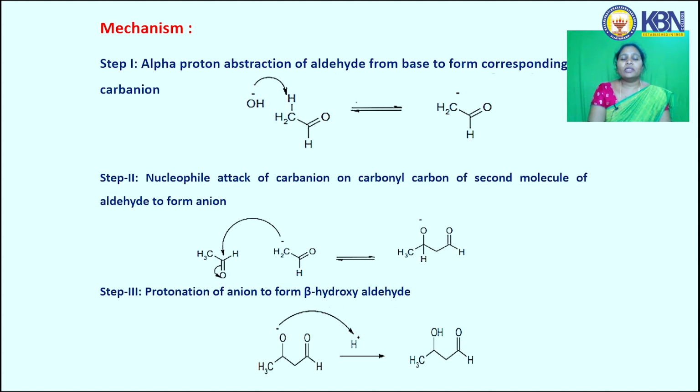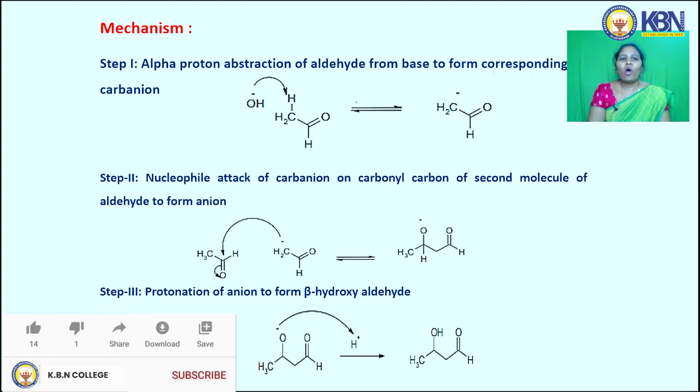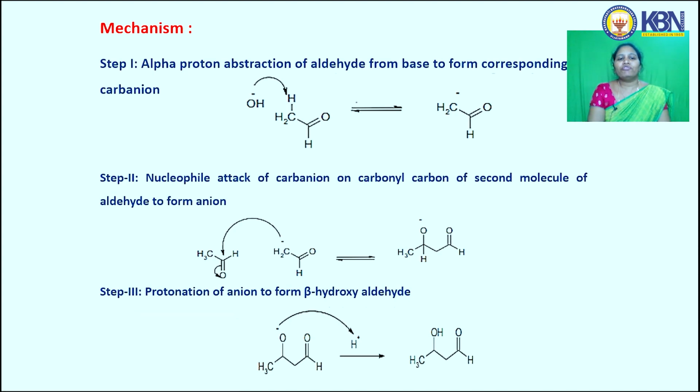So that is the necessary condition. This mechanism involves three steps. In the first step, formation of carbanion takes place. In the second step, attack of the carbanion on another carbonyl compound takes place. In the third step, protonation of the anion to form the beta hydroxy carbonyl compound takes place.